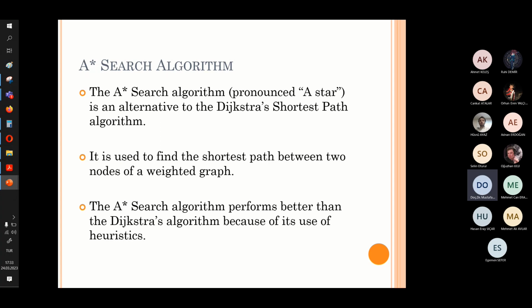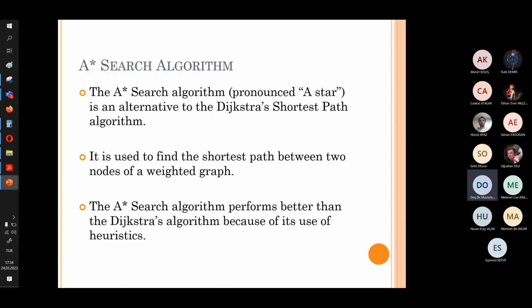The difference between Dijkstra's and A-star algorithm is that Dijkstra calculates the shortest distance of every node to the source node, but A-star is only concerned about the distance between source and target.